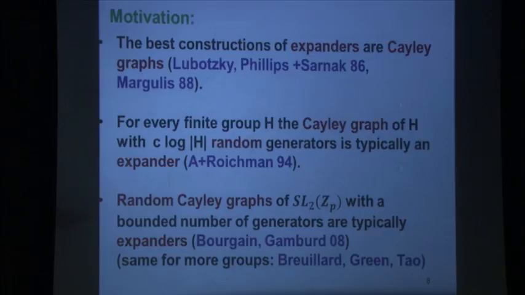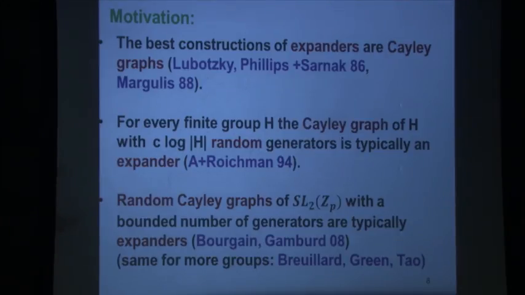And some of the best constructions of them, and they are best in some well-defined way, are basically all Cayley graphs. The best known ones are the examples of Lubotzky-Phillips-Sarnak, independently by Margulis. The best explicit constructions, right, yeah.